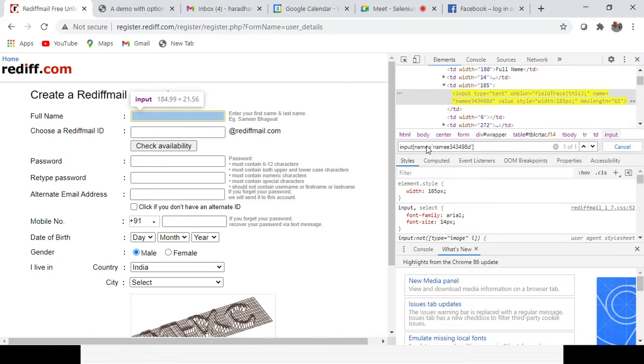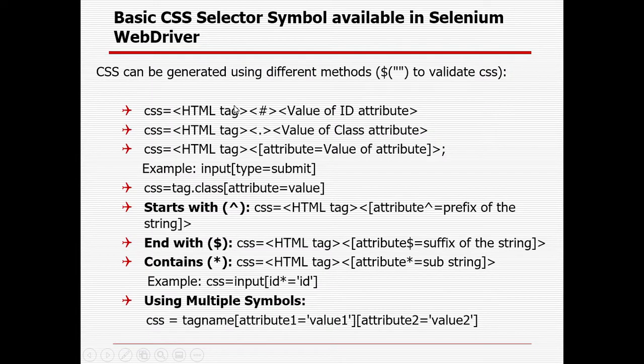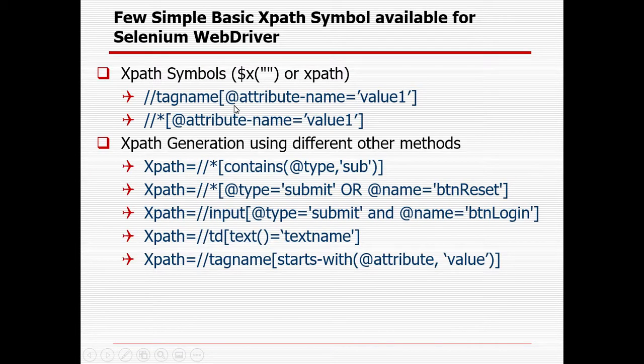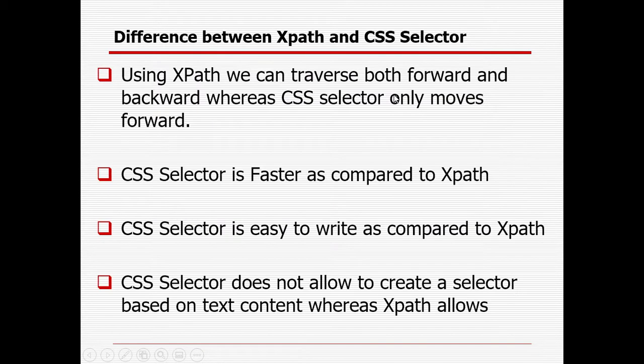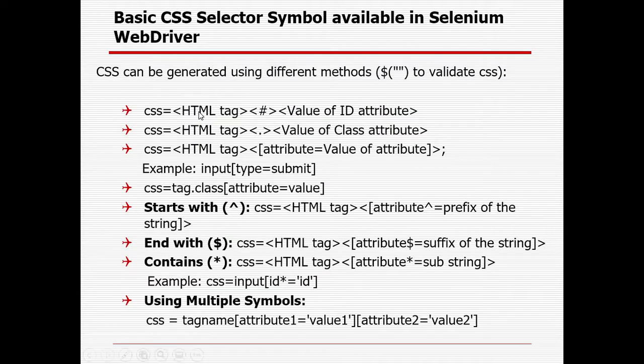So for the CSS selector, in the XPath you already saw in the last slide, you have to give / tag name, and you have to give the square bracket, @ attribute name and value, right? And here in the CSS selector you need to simply give the tag name, then the attribute. So no / is required, no annotation is required, and then the value of the attribute, right?